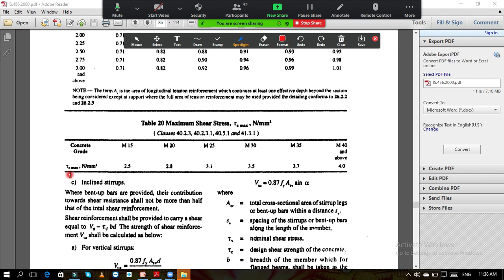And the maximum shear stress is in Newton per mm square, and these values are given for M15 as 2.5, M20 I think 2.8, 3.1, 3.5 and so on. Okay, so for our interest, the value is this value.